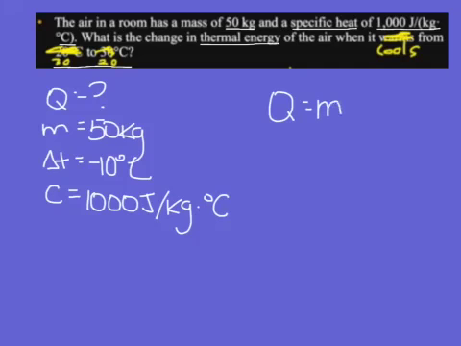Now we are going to use this formula: Q equals M times change in temperature times specific heat, and then we plug things in.